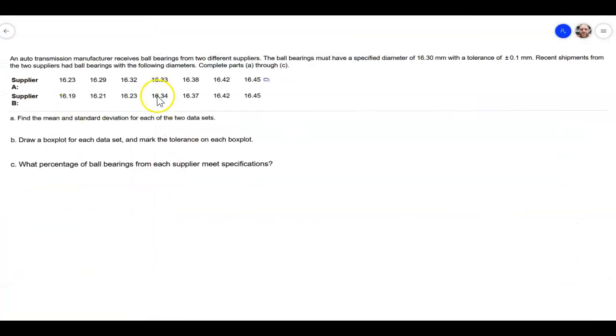Okay, so let's go back to this. Let's start off and see what they're asking. They want to see how many of these are within 16.3 millimeters plus or minus 0.1. So that means 16.3 minus 0.1 and 16.3 plus 0.1.